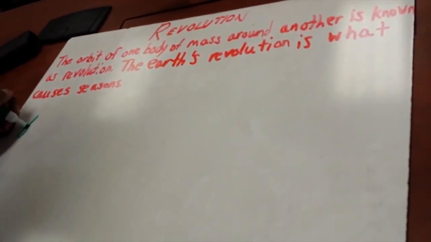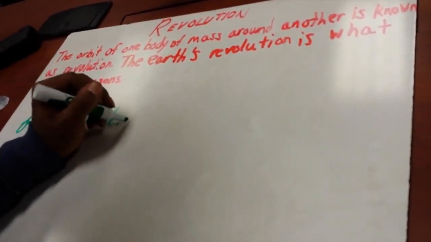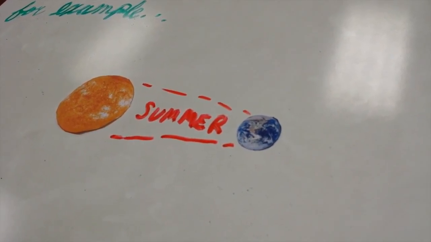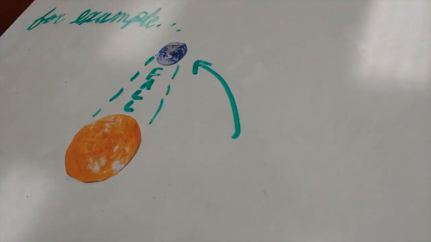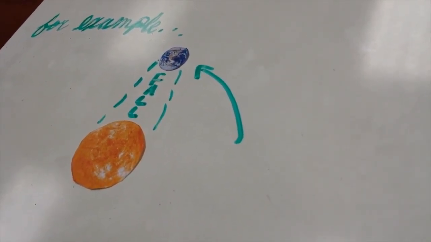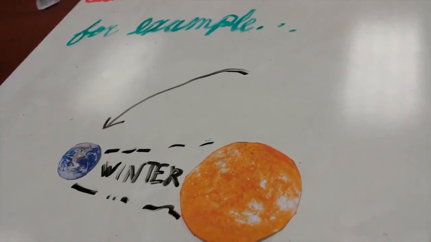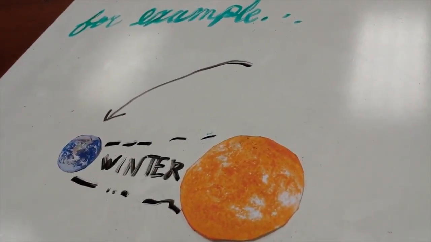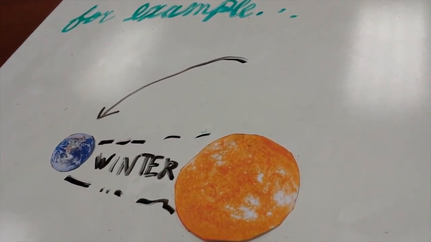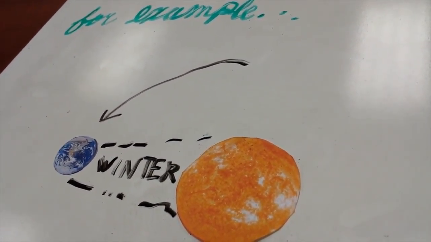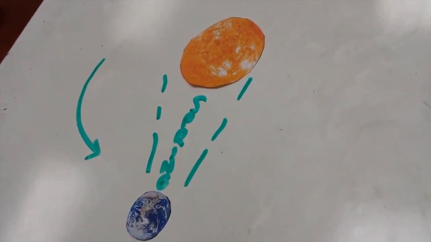So that's how you get seasons. It's due to revolution. Let's see how it goes. So here, it would be summer in the northern hemisphere. There, it would be fall in the northern hemisphere. There, it would be winter in the northern hemisphere. And here, it would be spring in the northern hemisphere.